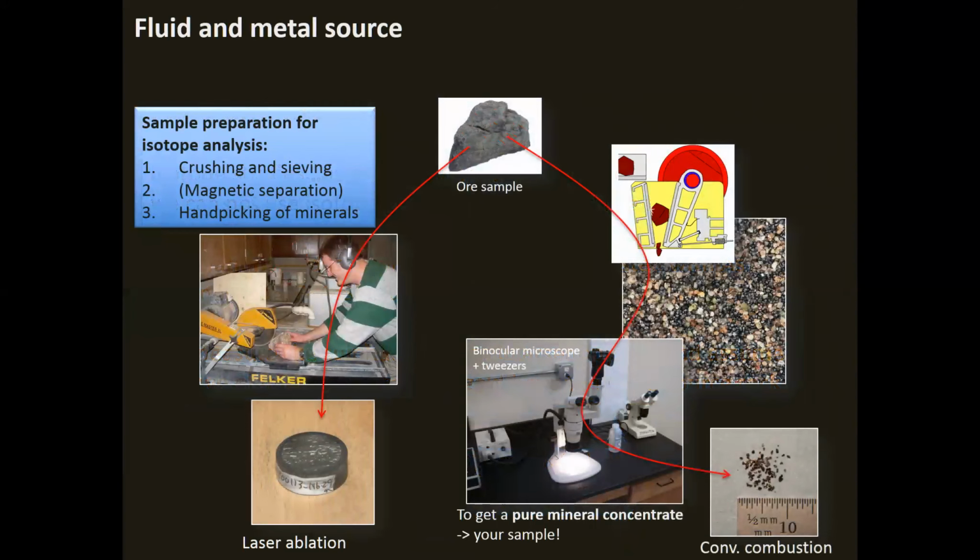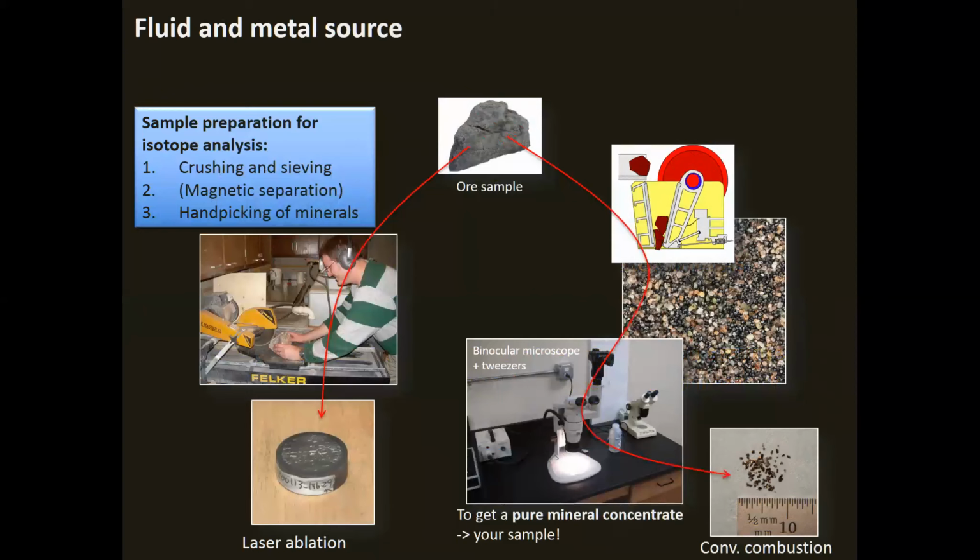So we have our sample, which is in the middle of the picture, top, and then we make two types of samples from this rock or grab sample. The first one is cutting the sample and mounting it in an epoxy resin for use under laser ablation isotope analysis.